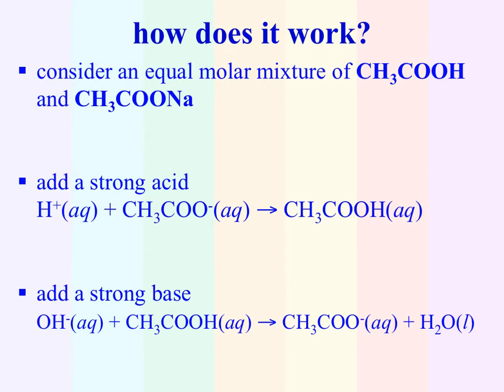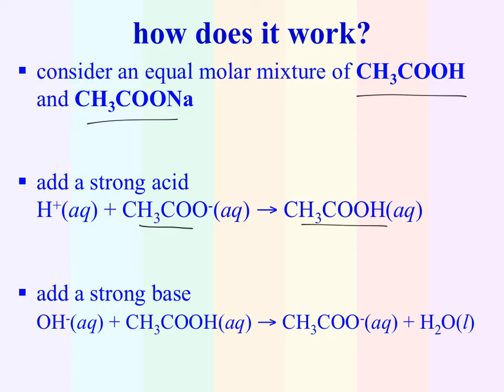So let's go and look at how this buffering process actually really works. Okay, so consider an equimolar mixture of acetic acid and sodium acetate. Okay, so if I have acetic acid and sodium acetate both present in solution, okay, so I have both of these hanging out.